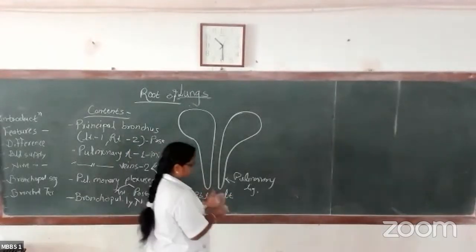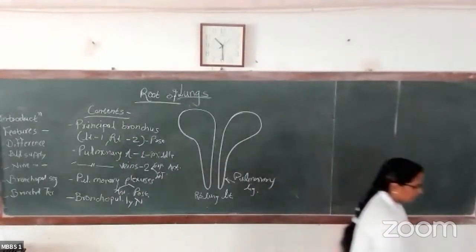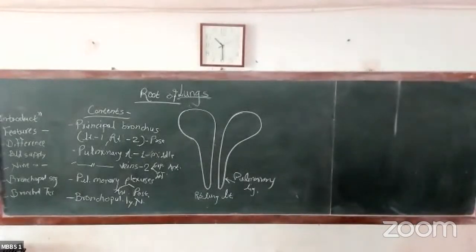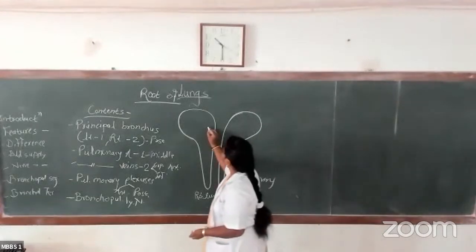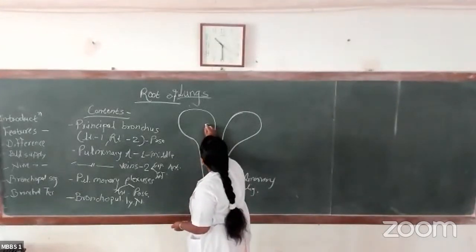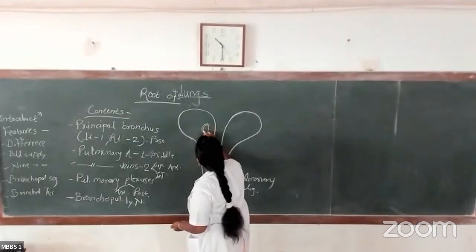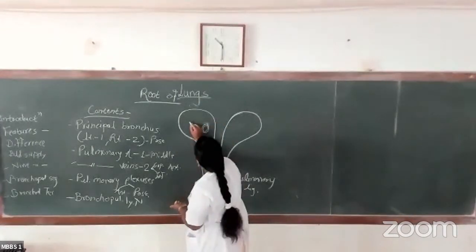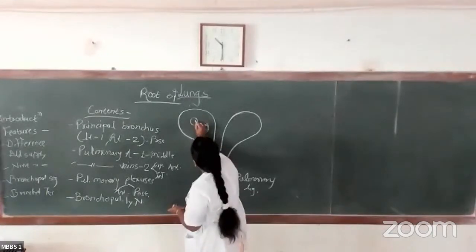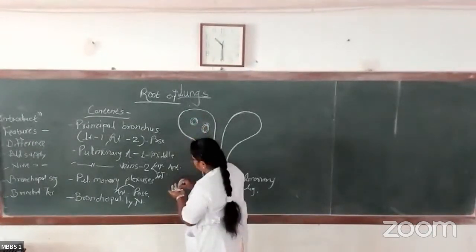Here is the bronchus. Here is the pulmonary artery in the upper part.